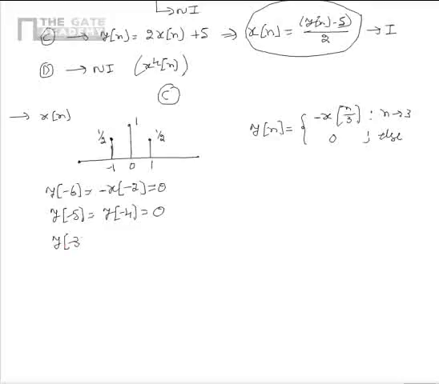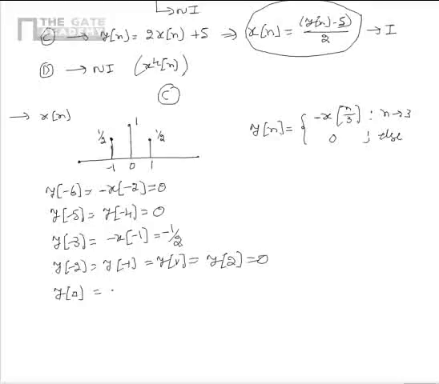So we can see that y of minus 3 is equal to minus x of minus 1, so this is equal to minus half. So y of minus 2 is equal to y of minus 1 is equal to y of 1 is equal to y of 2 is equal to 0, because all these instants are non-multiples of 3.